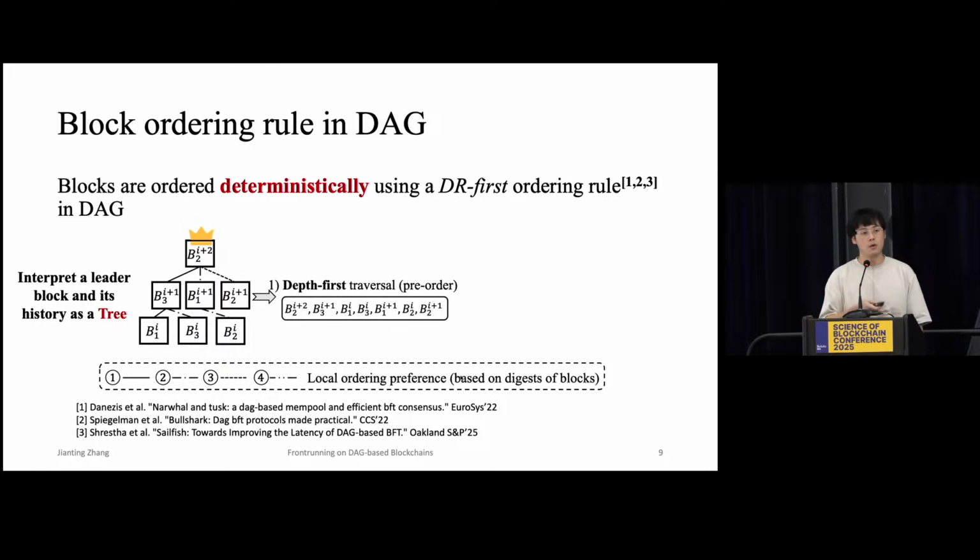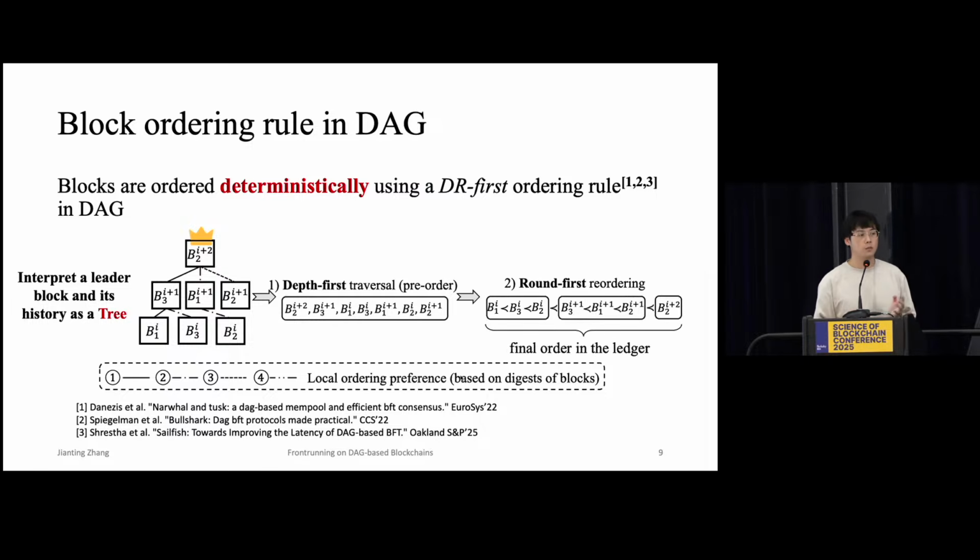After establishing such a tree, the replicas will run a depth-first traversal algorithm. If you have taken any data structure or algorithm course, you must know how the depth-first tree traversal algorithm works. After this, the replicas will collect these blocks and reorder them based on the round number. So this is a very simple, concrete example of a specific block ordering rule.